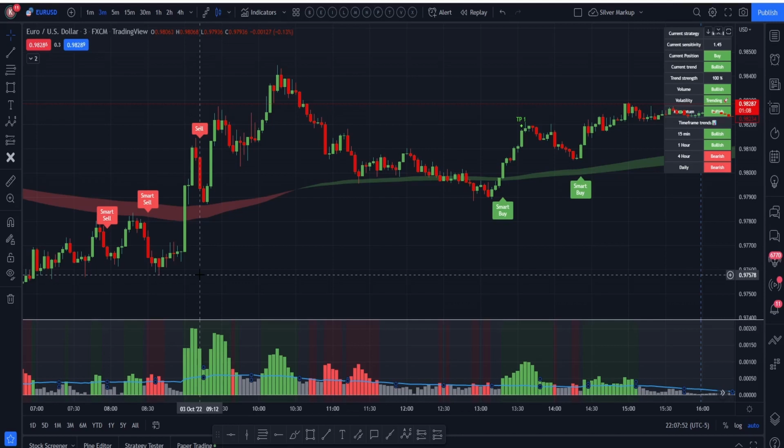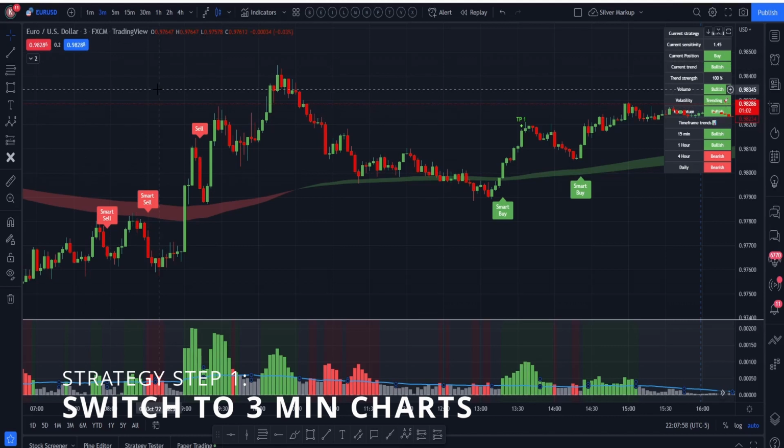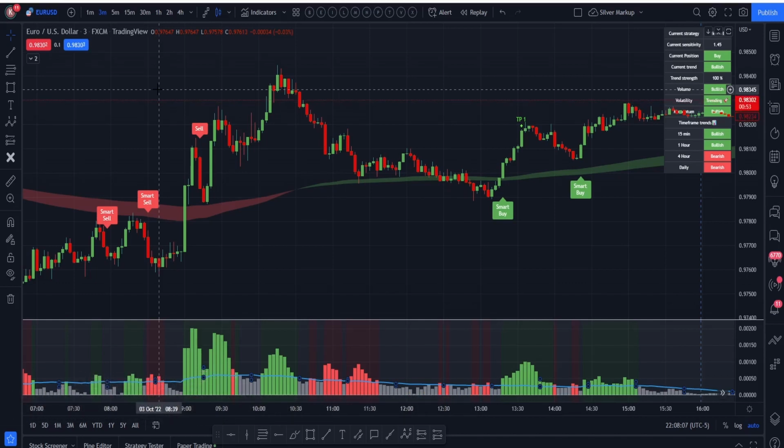The first step is making sure that you have the 3-minute time frame selected. You can use pairs from the US dollar, you can use GBP pairs, and Euro pairs. Those are the three combinations of pairs that I would focus on.